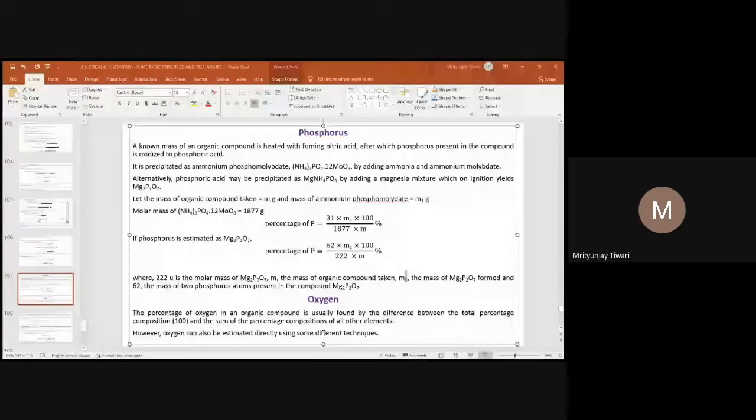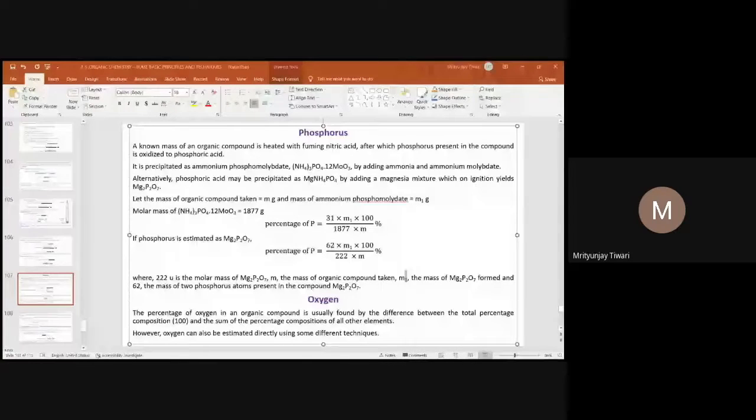That gives us the mass percentage of oxygen present in the organic compound.